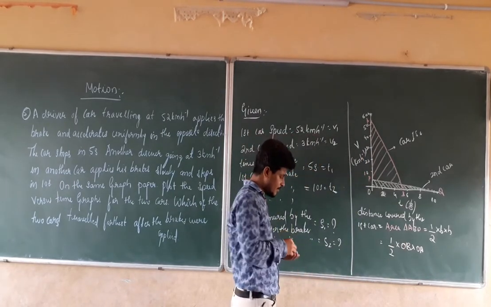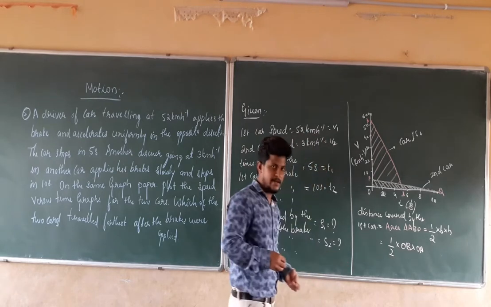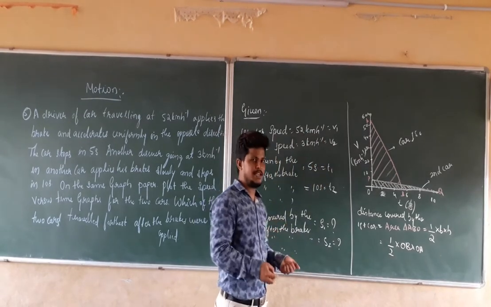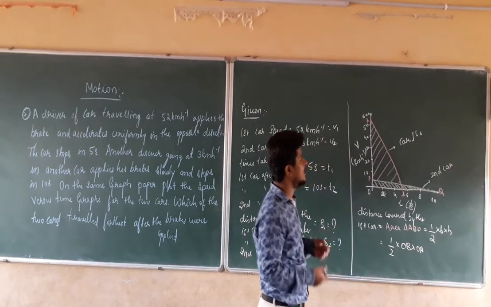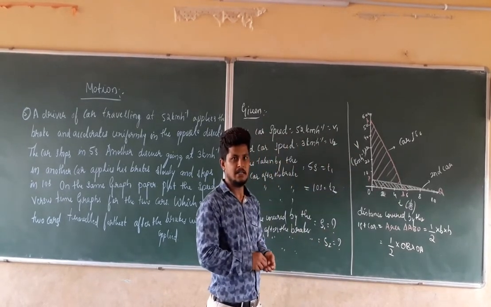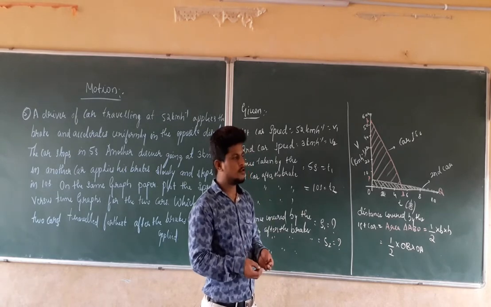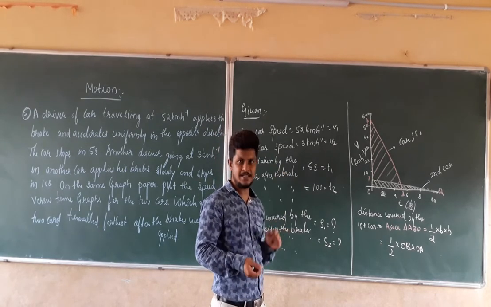If we check the SI units in both cases, time is given in seconds, but speed is given in km/h. So we have to convert that speed into meter per second.